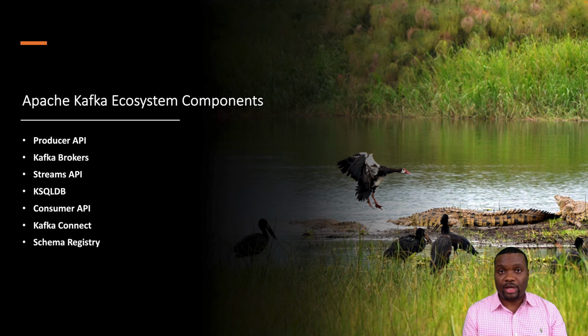The Schema Registry allows us to use these different schema structures without having to put in too much work. So the Schema Registry provides a mechanism to keep track of the evolving data structures that are being used as events are being produced into the brokers and also consumed from the brokers.